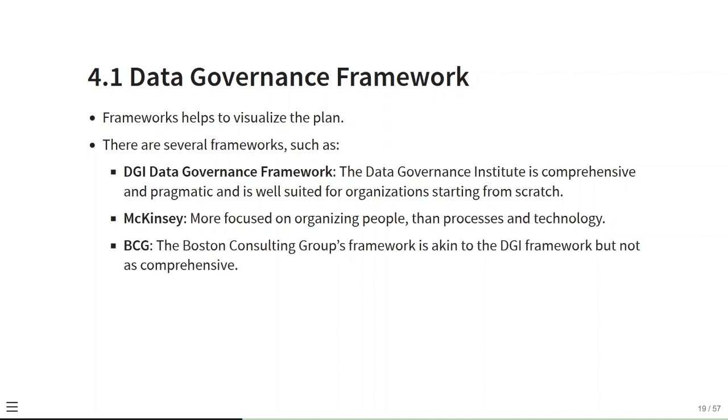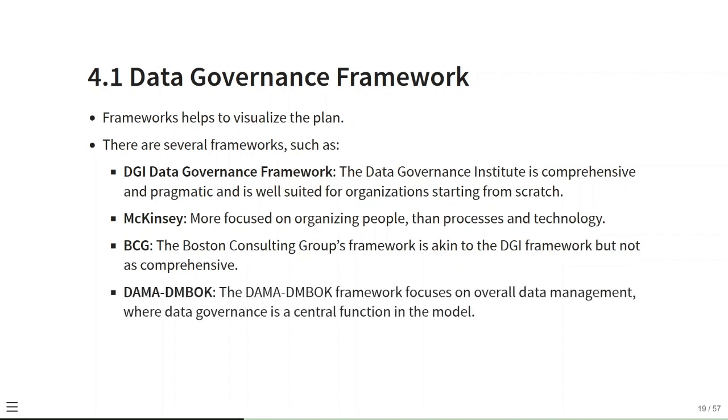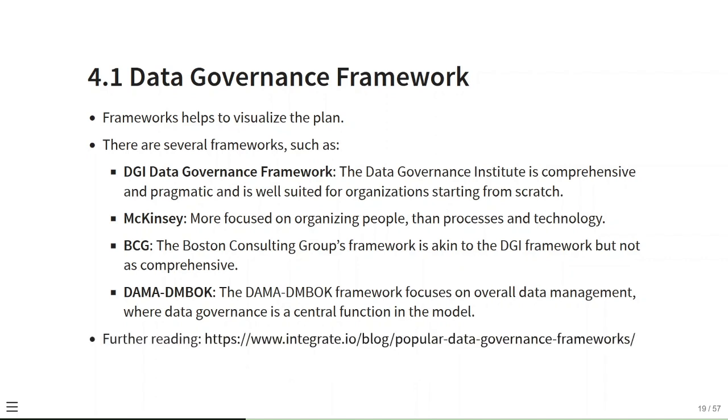The Boston Consulting Group's framework is akin to the DGI framework, but not as comprehensive. And the DAMA Data Management Body of Knowledge framework focuses on overall data management, where data governance is a central function in the model. And here is a link for further reading and more examples of data governance frameworks.